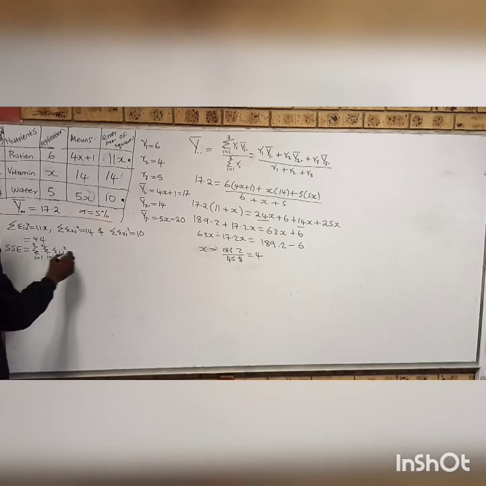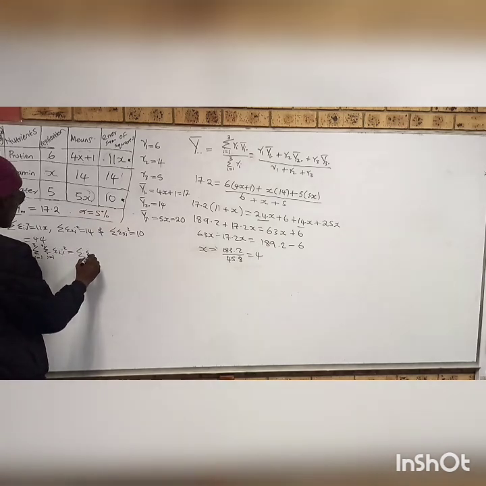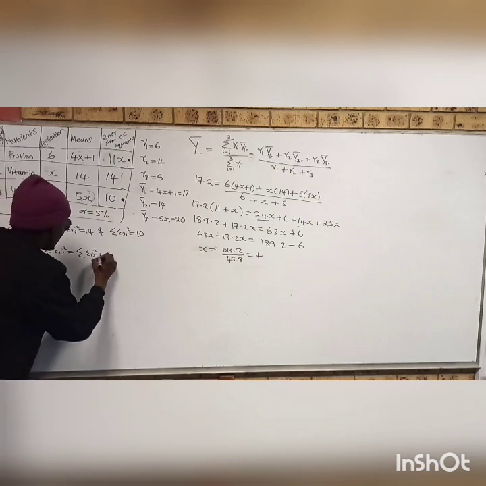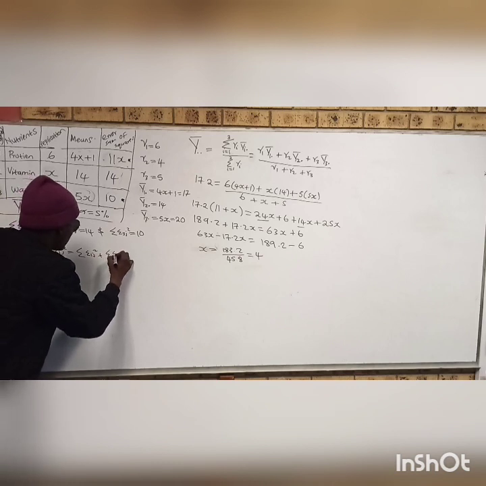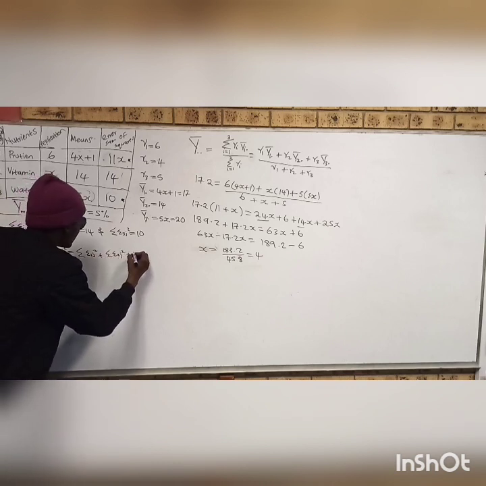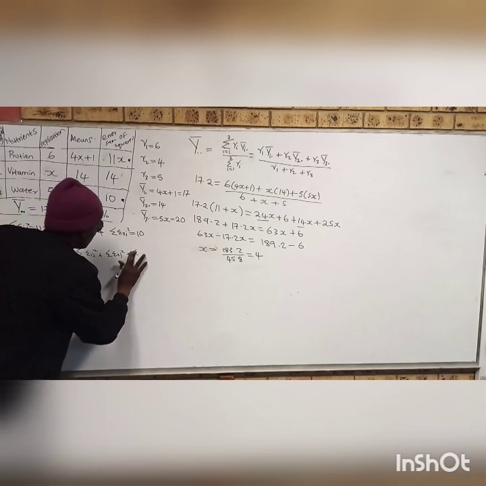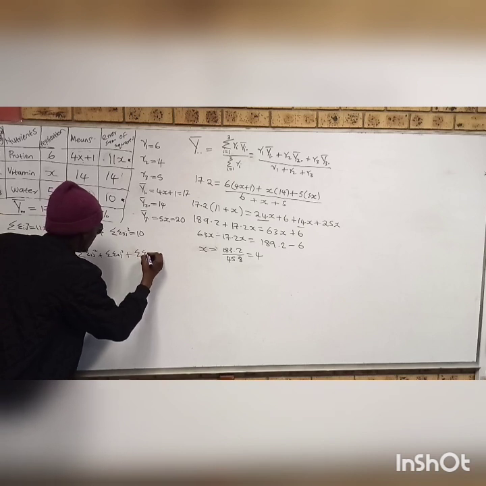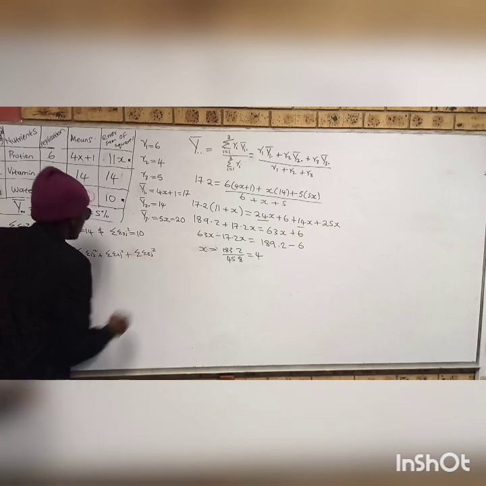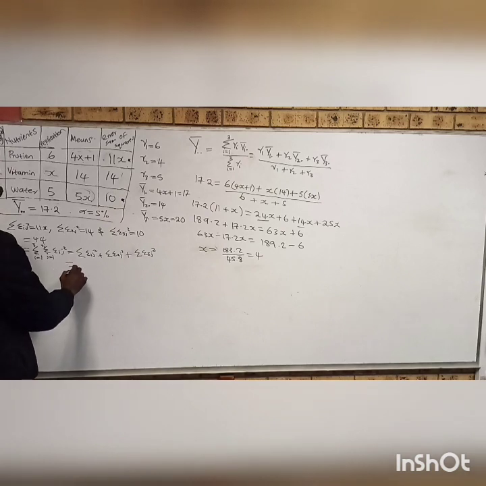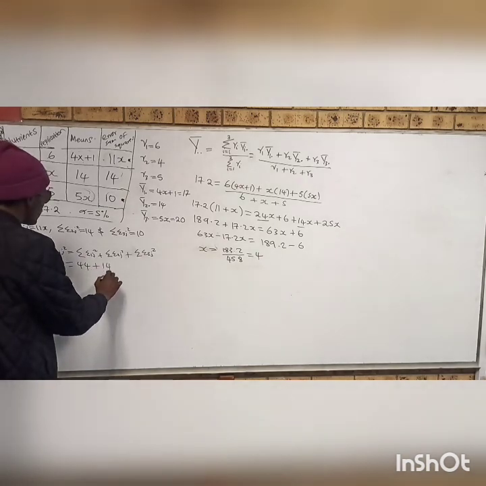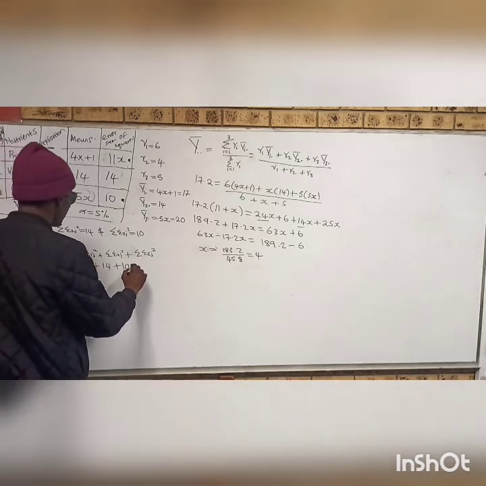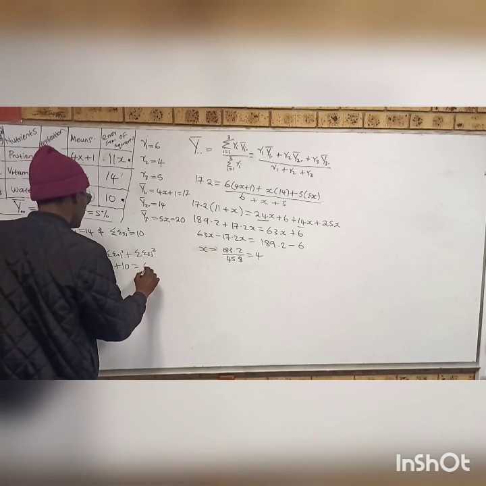This is nothing but the sum of e1j squared plus the sum of e2j squared plus the sum of e3j squared. So we are just going to sum 44 plus 14 plus 10, and we find 68.